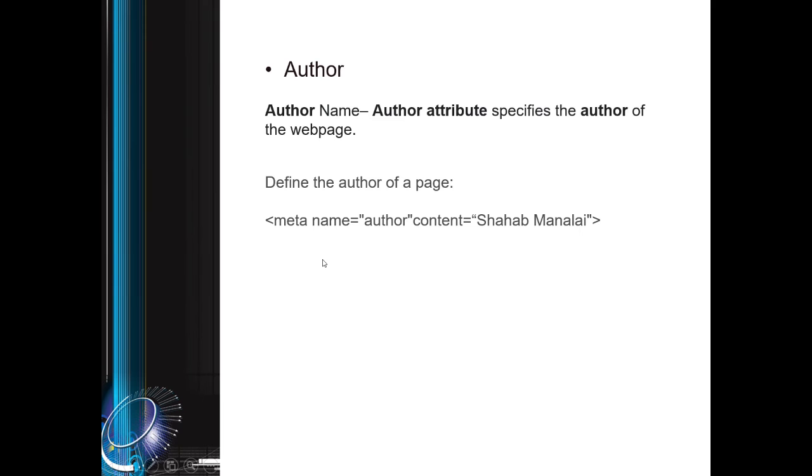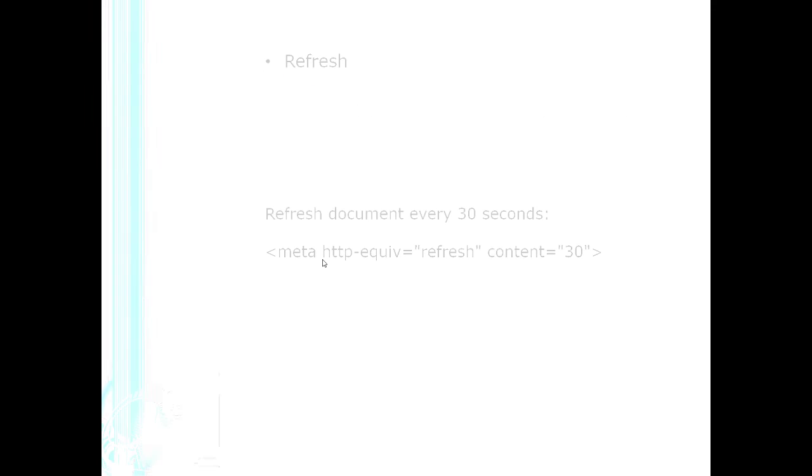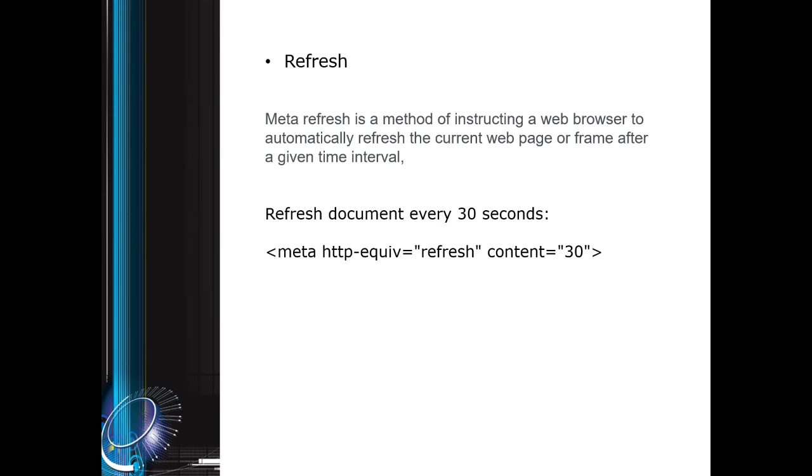The next attribute is refresh. Meta refresh is a method of instructing a web page browser to automatically refresh the current web page or frame after a given time interval. What exactly does that mean? It means meta refresh is used to tell the browser to automatically refresh the web page after a few minutes.